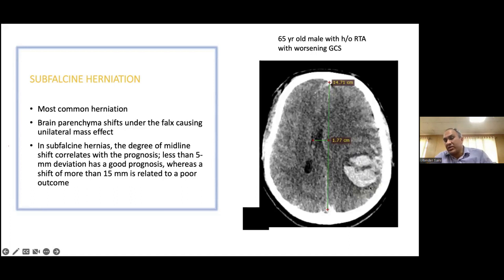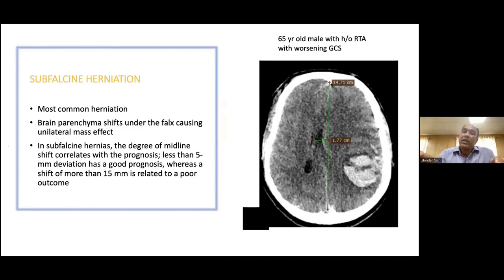Similar kinds of findings can be seen in the case of tumors. But there's a big difference between a tumor and a hematoma. In hematomas, the brain doesn't get time to adjust to the new dynamics. There are only three kinds of tissues present: CSF, blood, and the brain parenchyma itself.